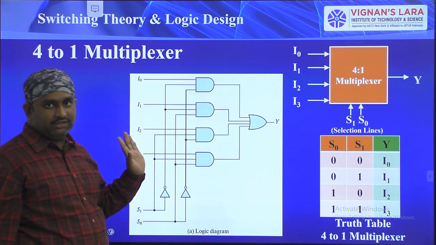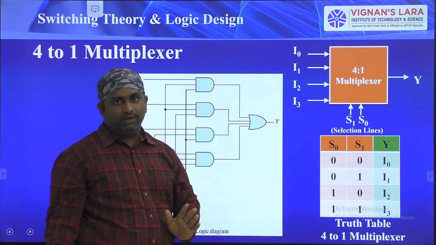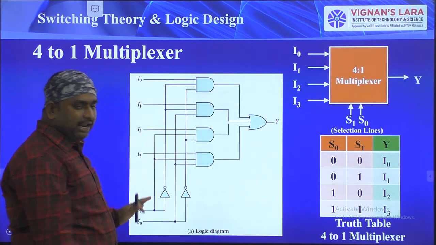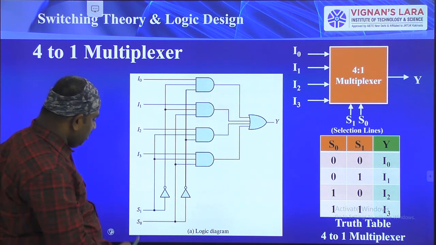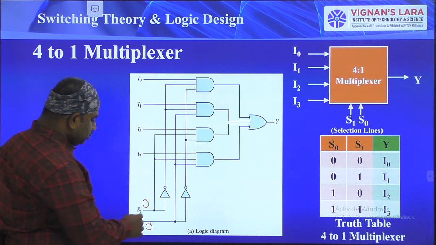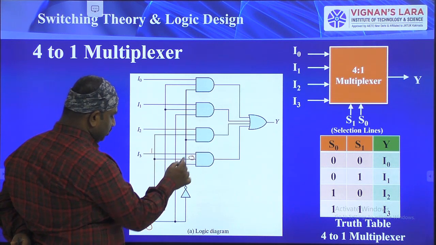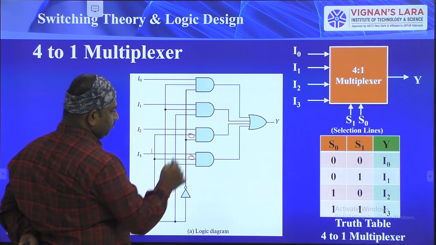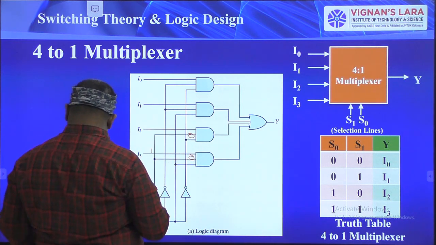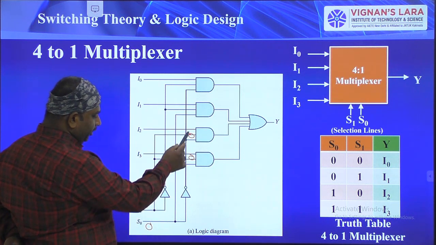So these are the AND gates. If any one of the AND gates is equal to 1, automatically the output is equal to 1. For example, select 0, 0. So this S1 is connected to here, it is 0, then the output is 0.